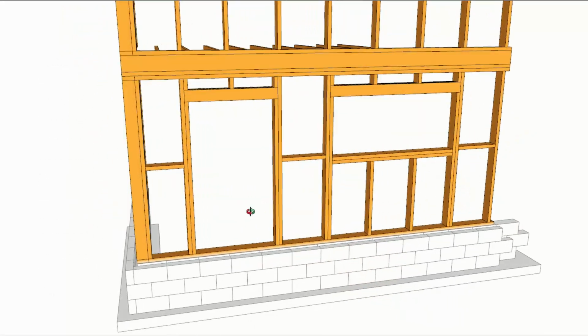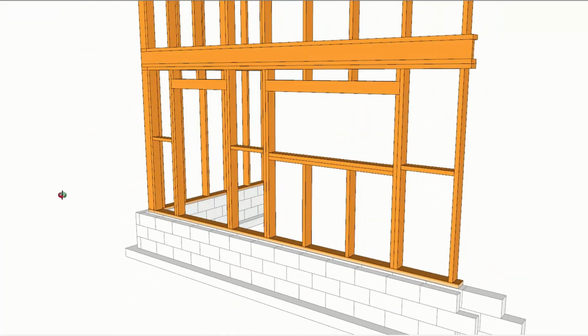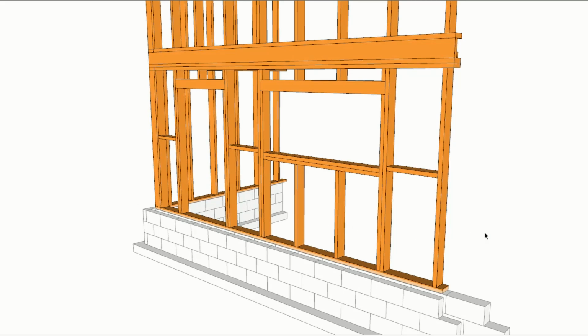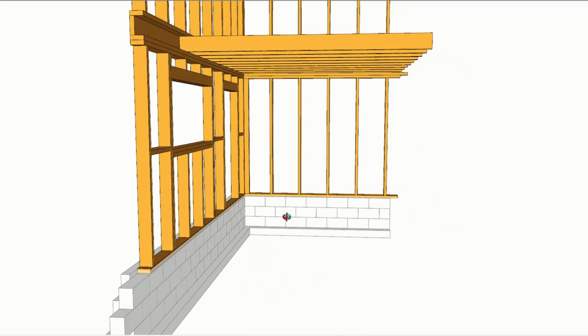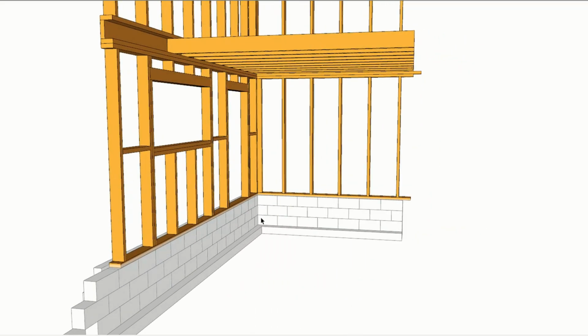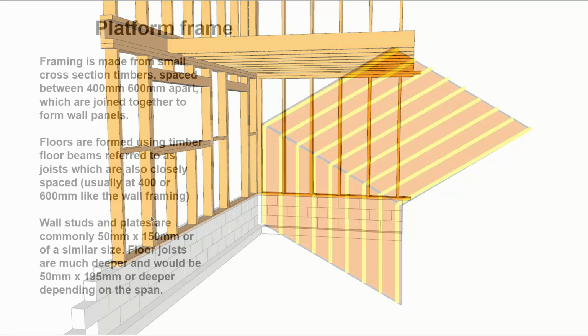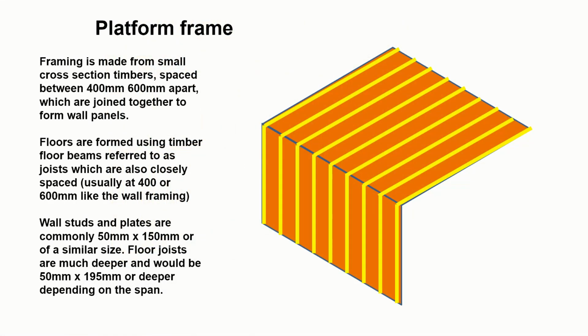The floors are formed using timber beams, which we would refer to as joists, which are single pieces of timber usually, or they can be composite, and they tend to be spaced at the same spacing as the studs, so 400 or 600. Their depth for floor joists tends to be deeper than wall studs because they have to span a greater distance, so there's a possibility of deflection.